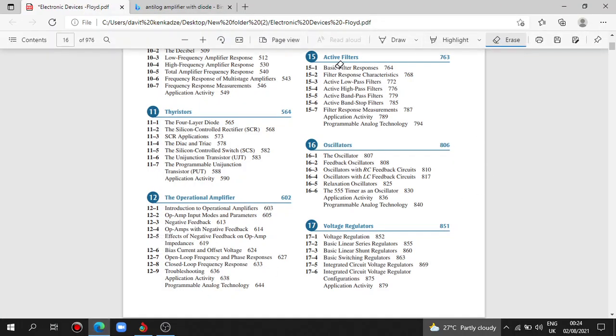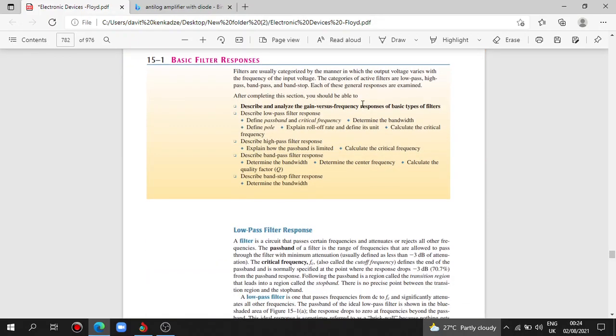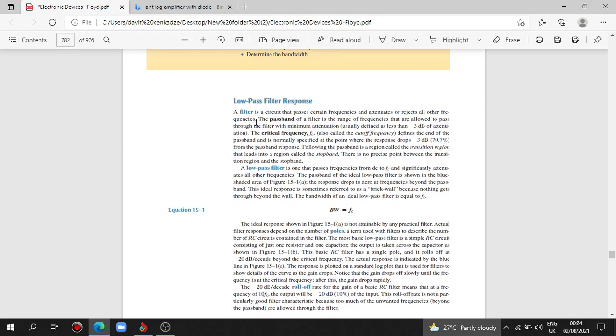Now let's continue. Active filters. A filter is a circuit that passes certain frequencies and attenuates or rejects all other frequencies.